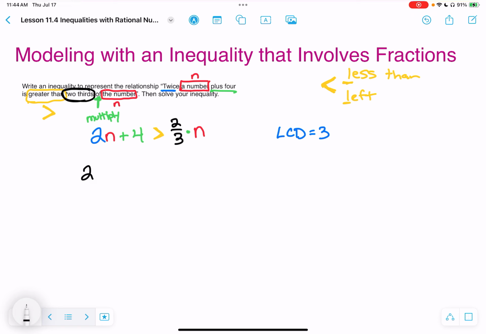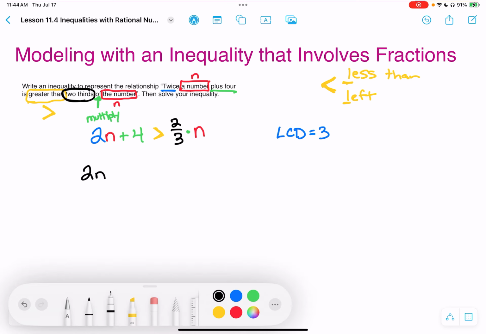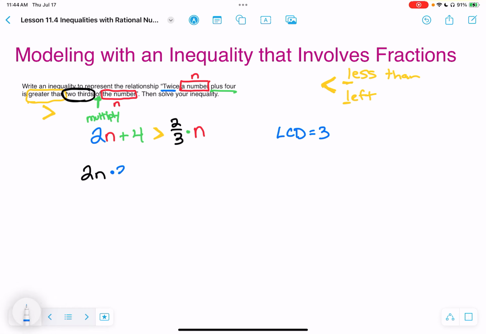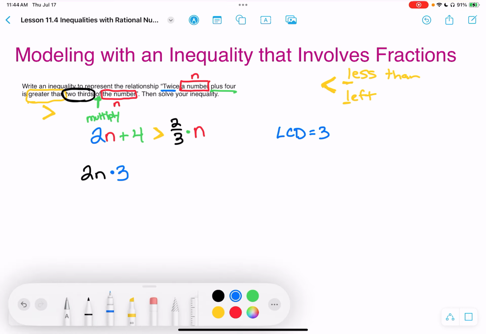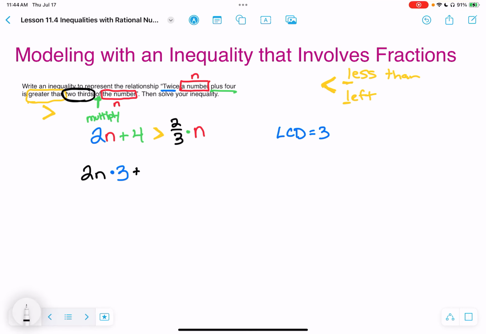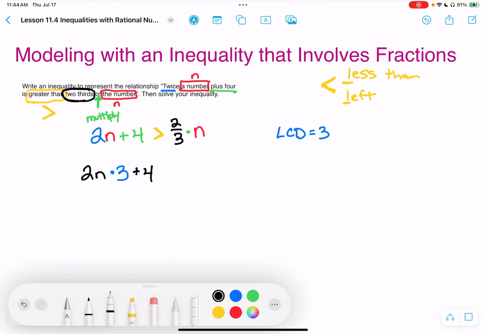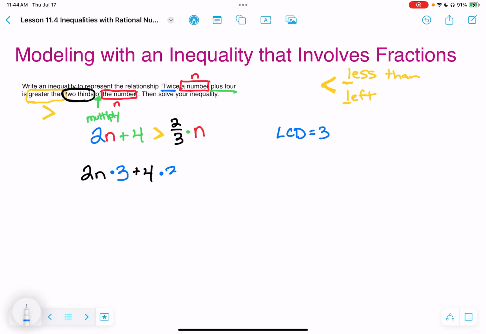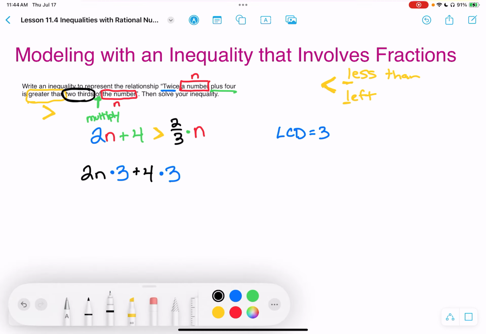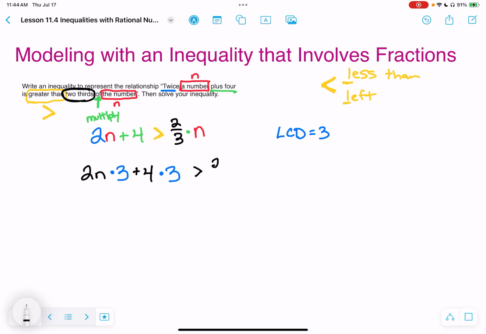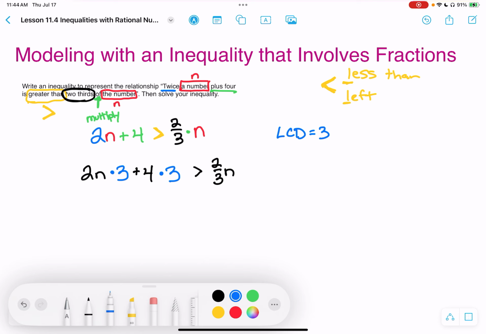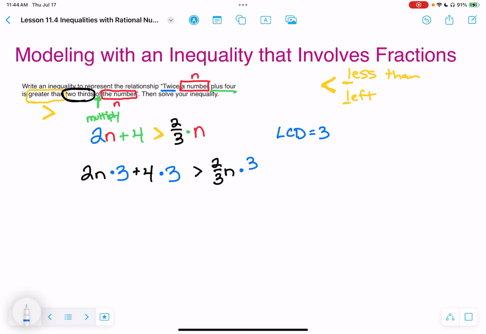So the 2n is going to get multiplied by 3, plus 4. 4 is also going to get multiplied by 3, is greater than 2/3 n, and that's going to get multiplied by 3. Multiplying everything by the lowest common denominator is a good way to just get rid of the fractions.